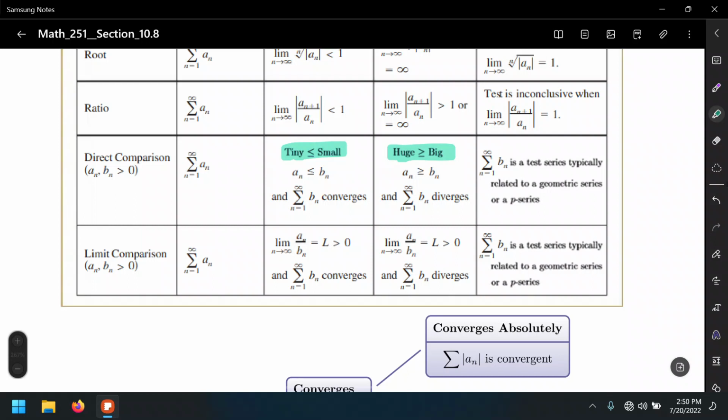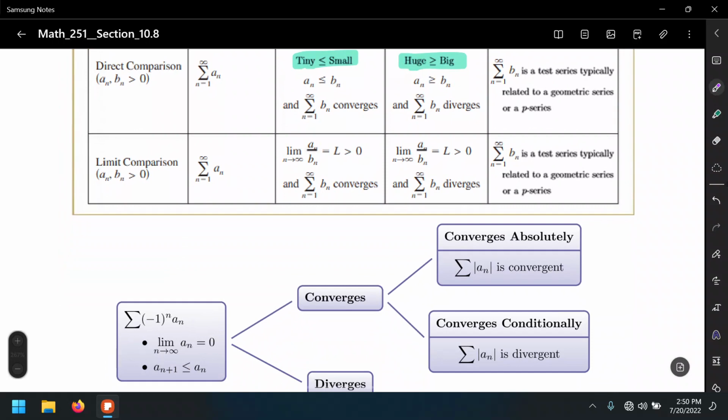Yeah, but now we recall that some things can go wrong with the direct comparison, and I think I did one example like that, so let me just touch base real quick on that one. Square root of n plus 1, for example. Well, this one looks like the sum from n equals 0 to infinity of 1 over square root of n, which is 1 over n to the 1/2, which is p equals 1/2.